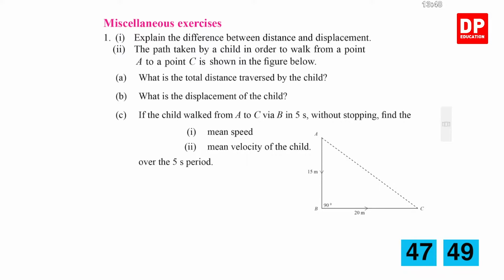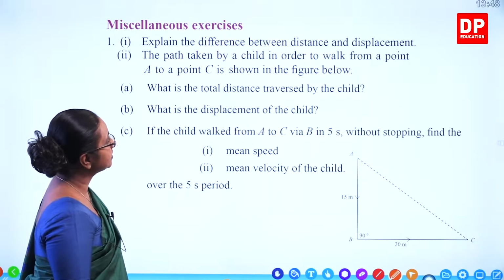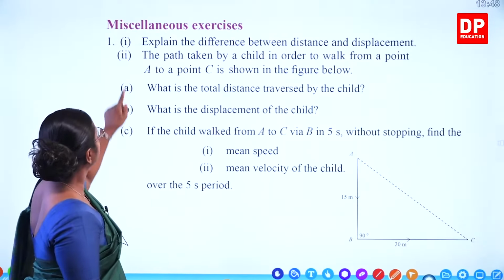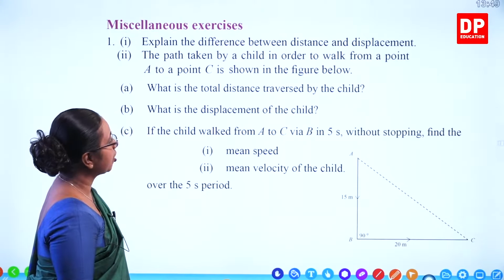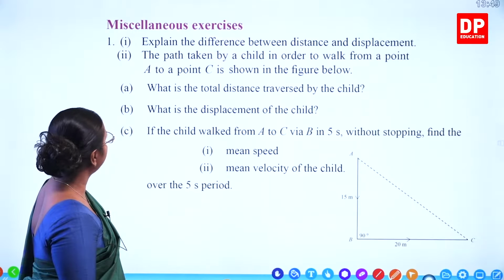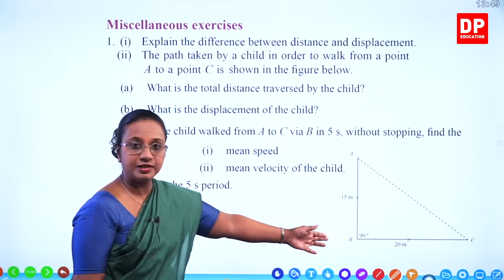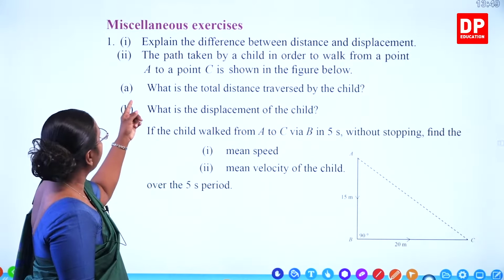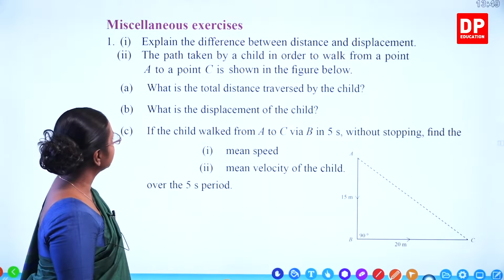So the first question, explain the difference between distance and displacement. Second one, the path taken by a child in order to walk from a point A to a point C is shown in the figure below. The figure is given to you. And the questions, what is the total distance traversed by the child?